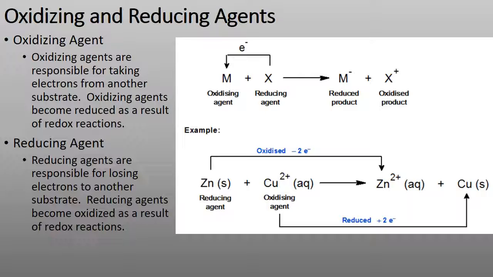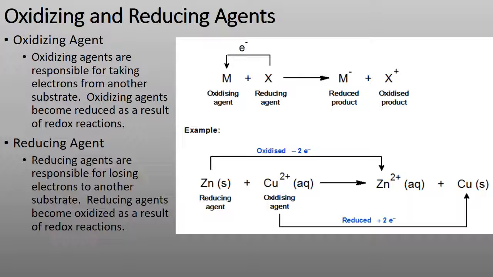One more thing: oxidizing and reducing agents. Now, we just talked about molecules or compounds that are accepting electrons being reduced, and molecules that are losing electrons being oxidized. Well, it goes hand in hand with identifying oxidizing and reducing agents.